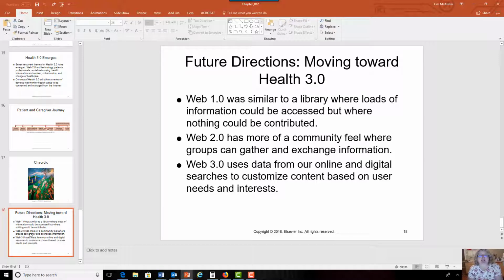So that's the 3.0. Have you noticed if you've been in grocery stores that certain stores will pop up on your phone that there's a coupon for this? So that's all part of Web 3.0. So Health 3.0 will be a part of Web 3.0.